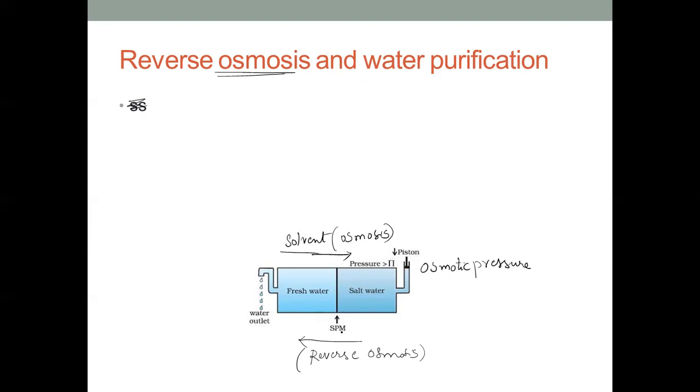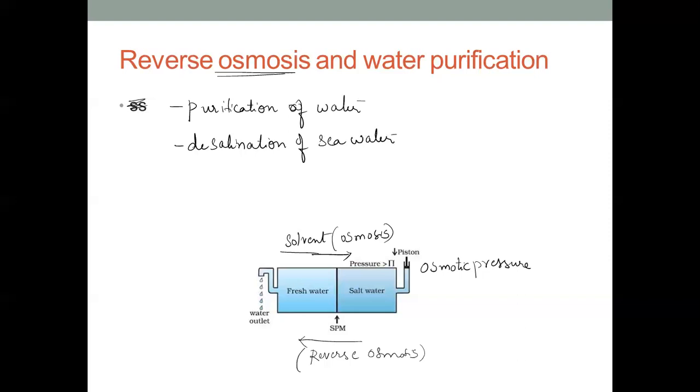So where is this applied? This reverse osmosis is used for purification of water, right? So water purification, this is generally used. That is reverse osmosis, right? Some pressure is applied. So this is used for desalination of seawater, so that it is used for drinking and domestic purposes.